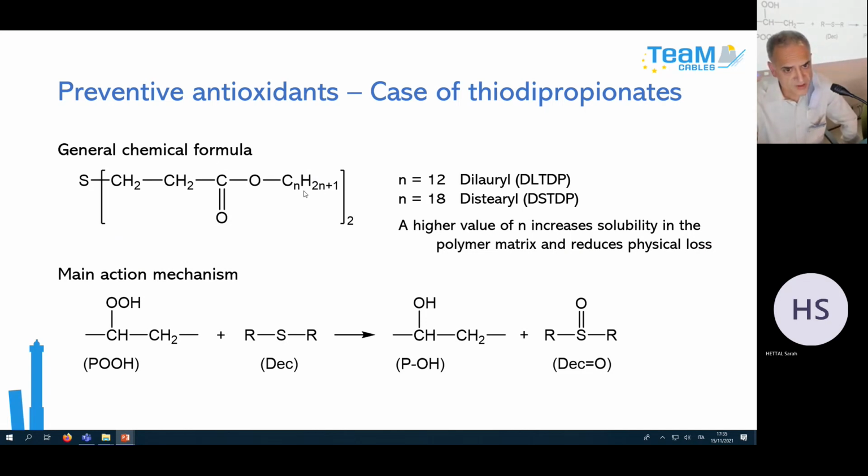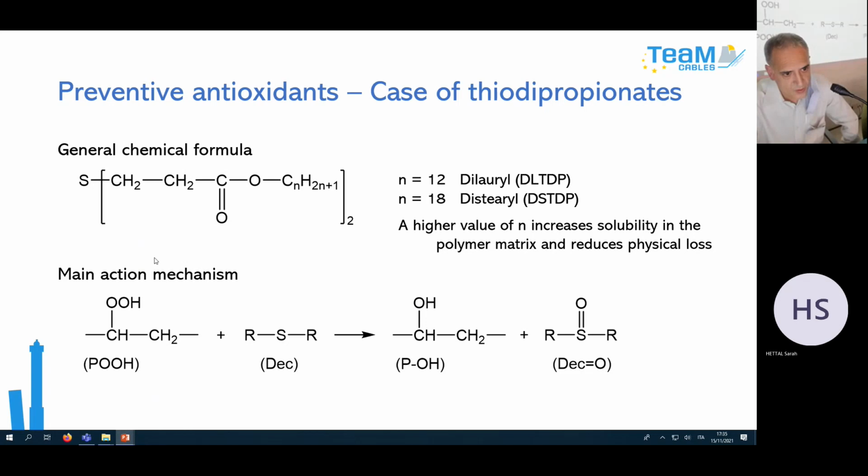These molecules differ just by the length of the hydrocarbon chain. In fact, this length is increased in order to increase the solubility of the antioxidant molecule in the polymer matrix, and also to reduce the physical loss by diffusion and evaporation of this molecule from the polymer matrix.